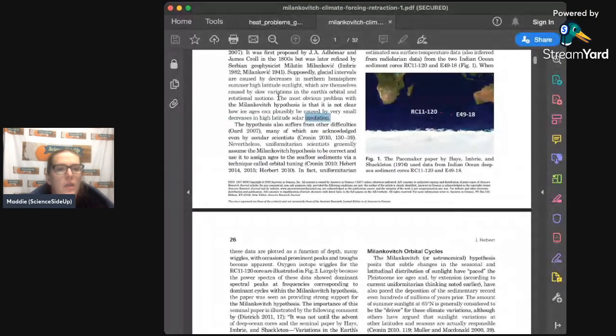Okay. So let me show that. Let's pull up the paper again. This one. Okay. So it's not clear how ice ages can plausibly be caused by a small decrease in high latitude solar insolation. To me, that says he thinks that temperature differences between seasons are related to physical distance from the sun, right?